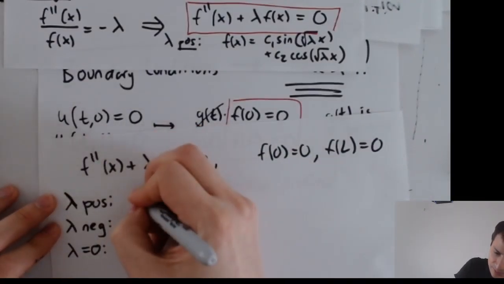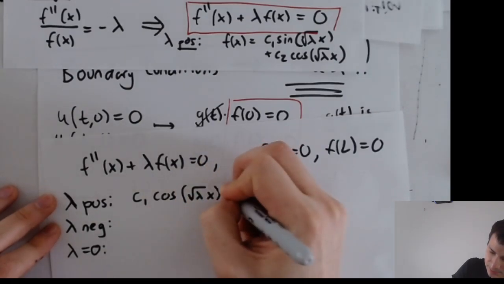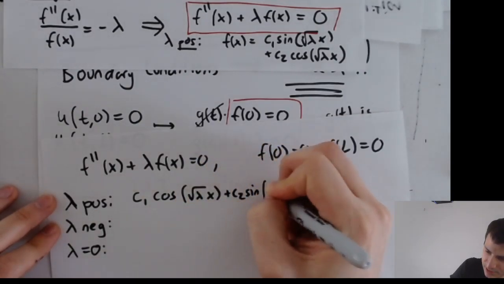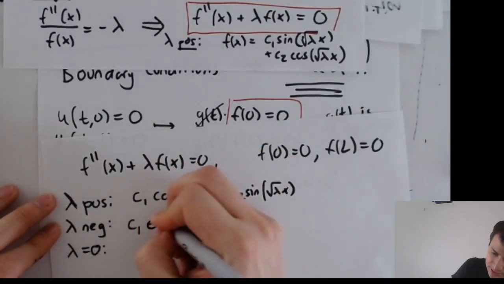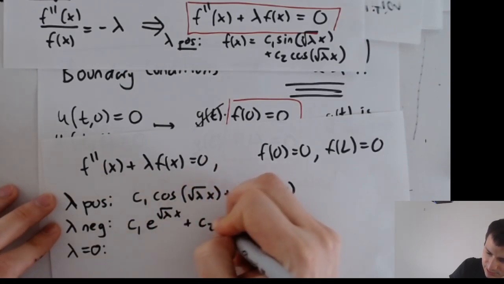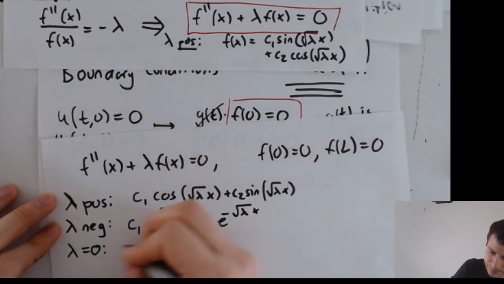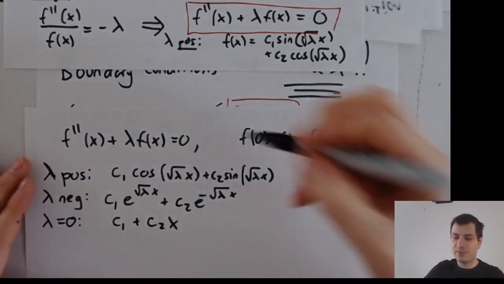So c1 cosine square root lambda x plus c2 sine of square root lambda x. If lambda is negative, you get exponentials: c1 e to the square root lambda x plus c2 e to the minus square root lambda x. And c1 plus c2 x. So those are the three possibilities.